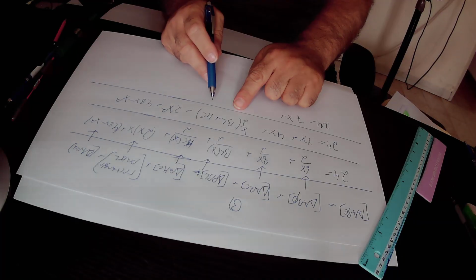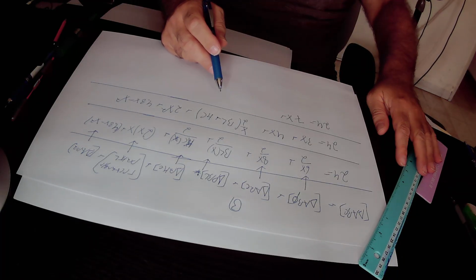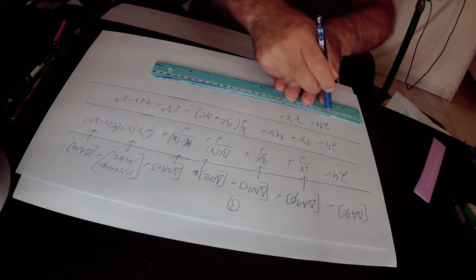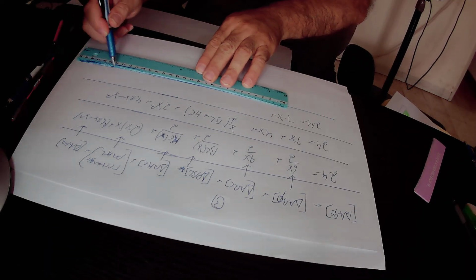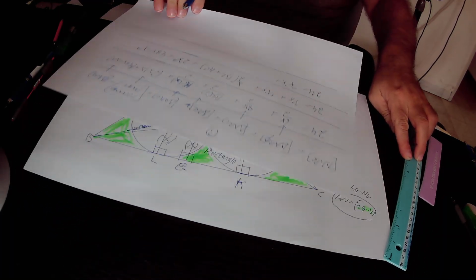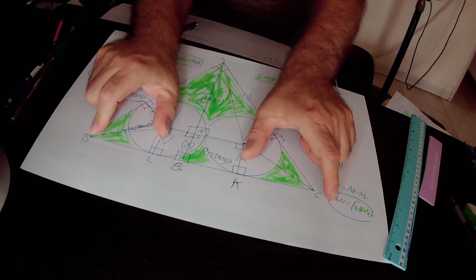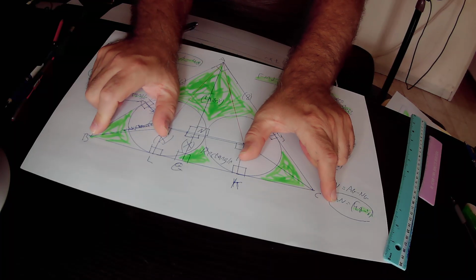So what is the value of BL plus KC? What is the sum of those two expressions?